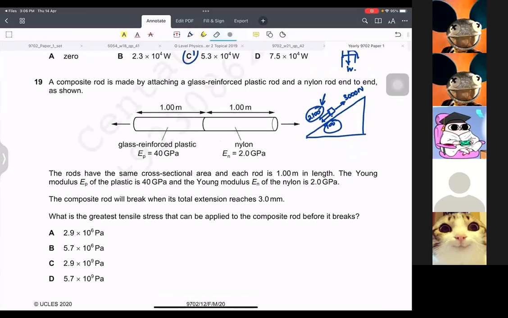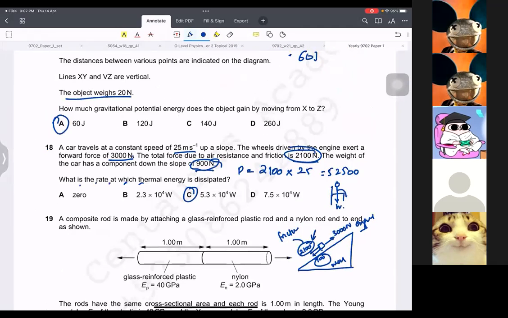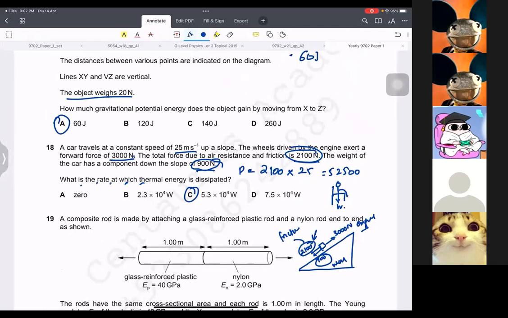Yes. So I was saying that there are three things given: engine force, weight, and friction. Engine force is coming from engine. It is not producing any heat. Do you understand? Yes, sir. Your weight is just the gravitational pull of Earth.